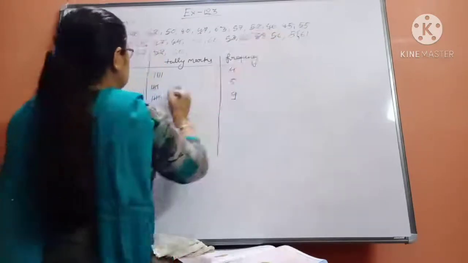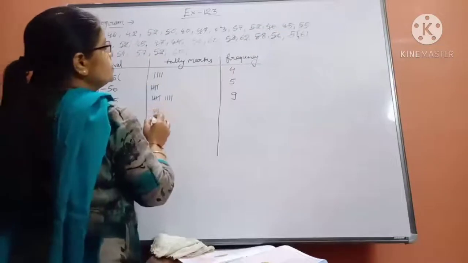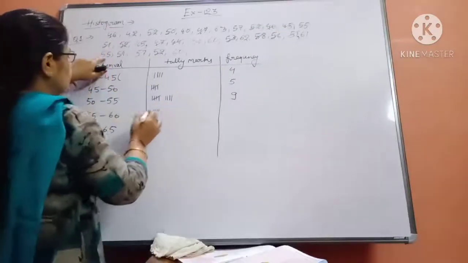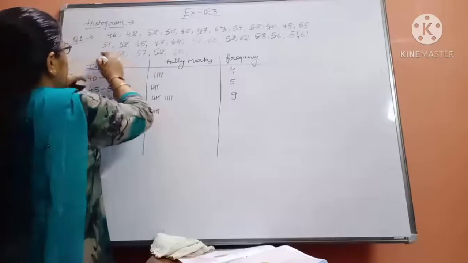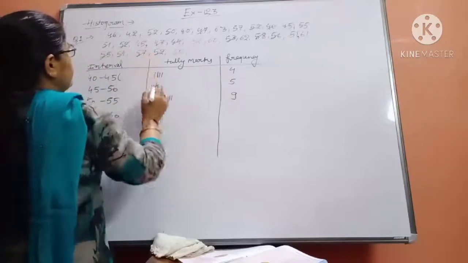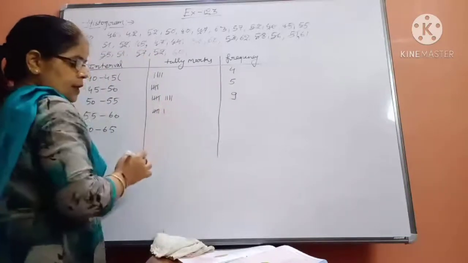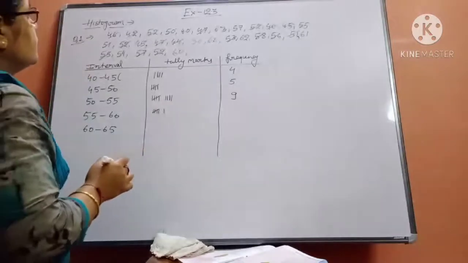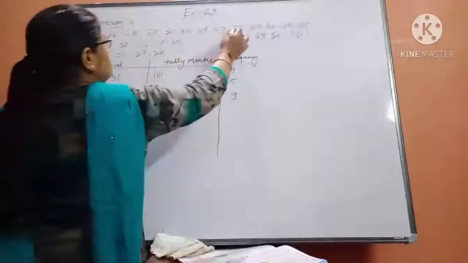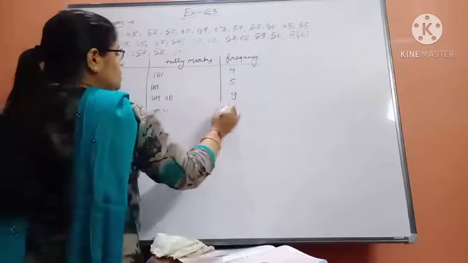Third, fourth, 3, 4, 5, 6, and this one 7. So what is its frequency?